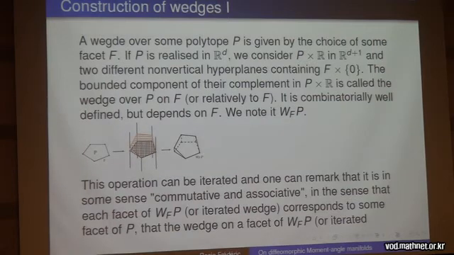We consider a simple polytope and a facet, and we, in some sense, open it like a book, but you fix the facet. This gives rise to a polytope where the dimension is increased by 1.